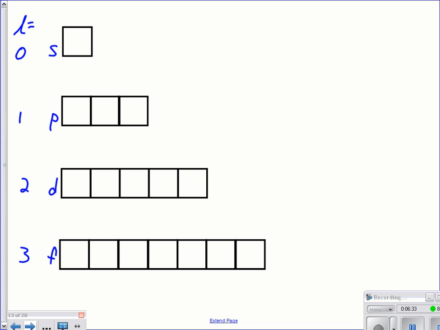So for our M sub L, well, we know it's going to be anywhere from negative L to positive L. So what that's going to mean, in this case, if I've got my S sublevel, I know that my M sub L is going to be anywhere from negative L to positive L, so negative 0 to positive 0.